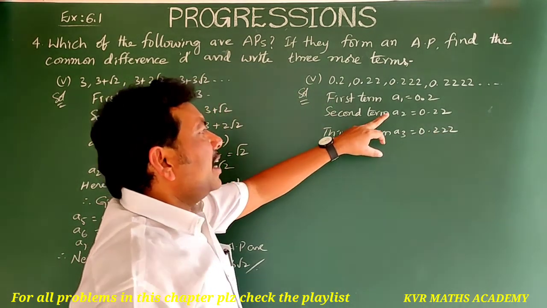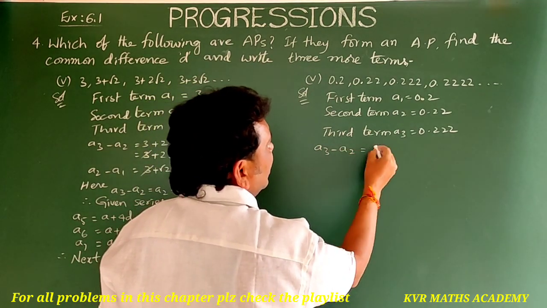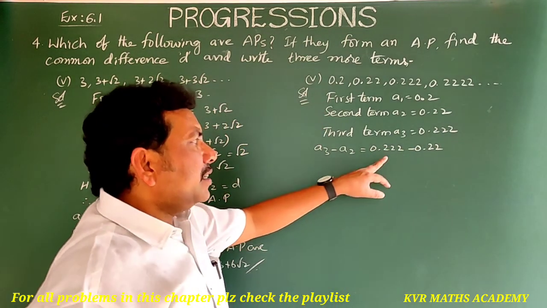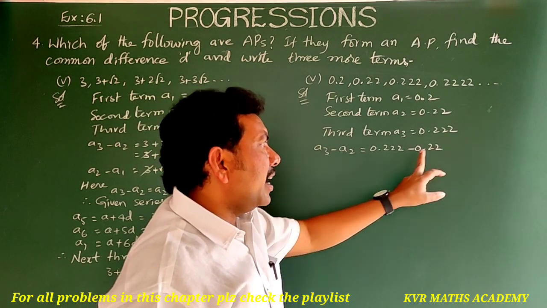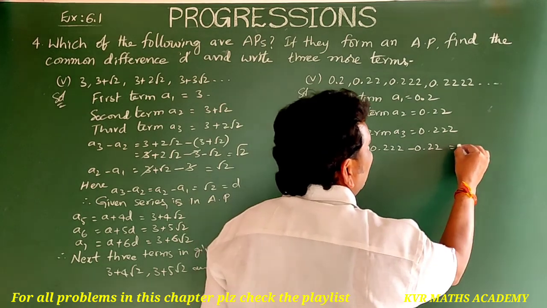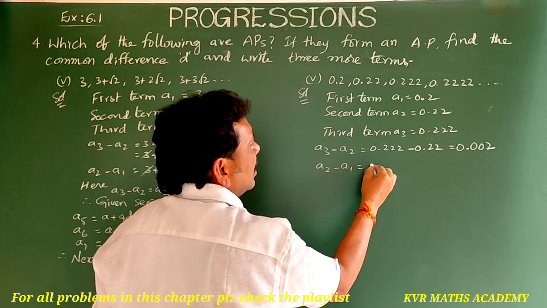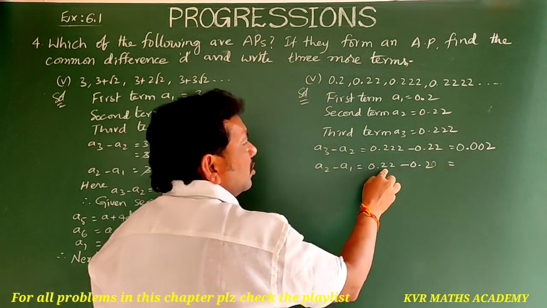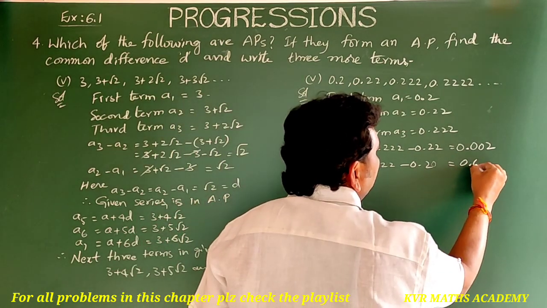Let us find a2 minus a1 and a3 minus a2. a3 minus a2 is 0.222 minus 0.22. If you put 0 here, the answer will be 0.002. Next, in the same way, a2 minus a1 is equal to 0.22 minus 0.2. If you put 0 here, 22 minus 20 is 2 only. That is 0.02.